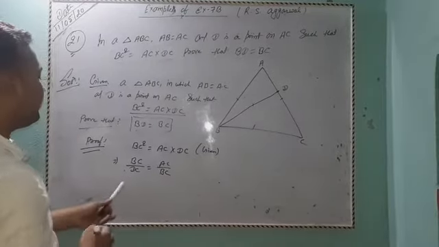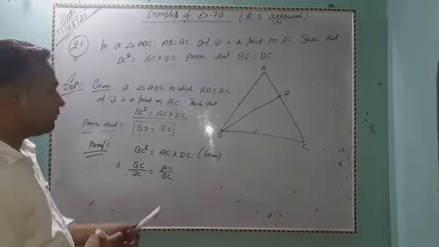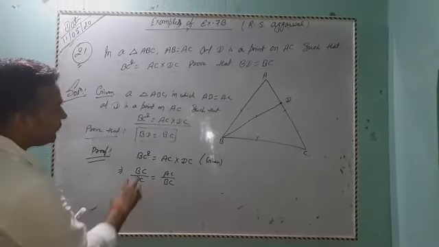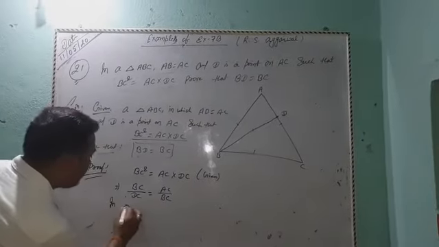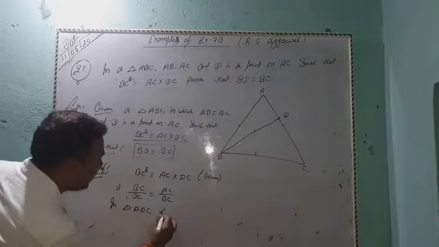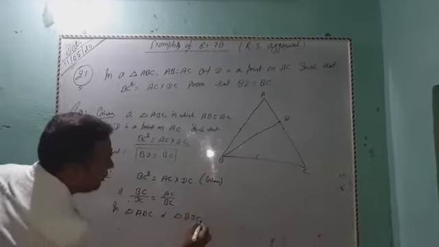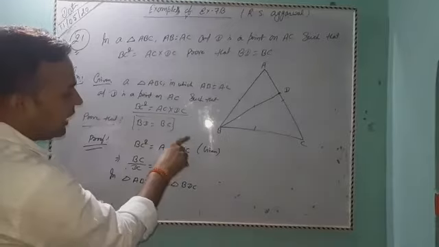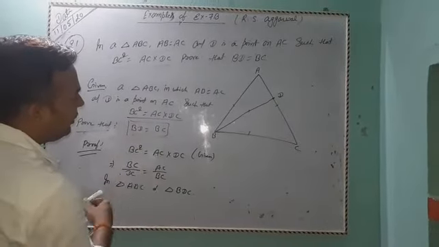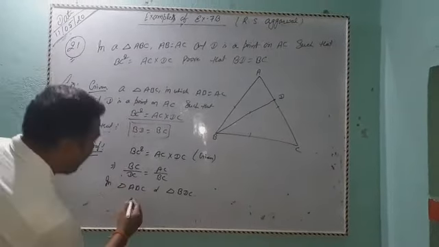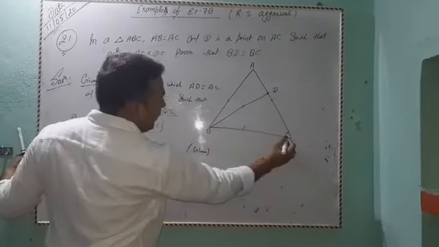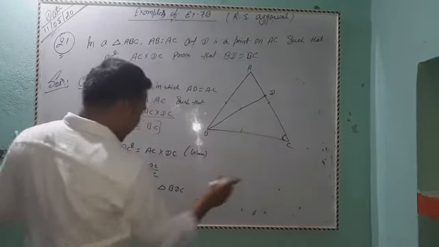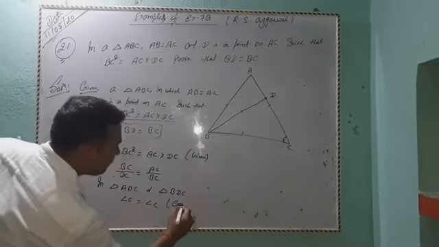So in triangle ABC and triangle BDC, angle C equals angle C, since C is common to both triangles.